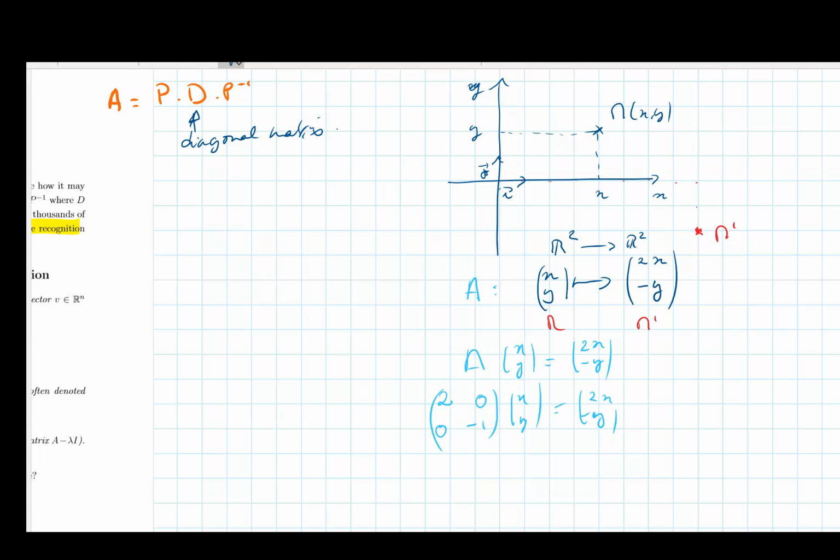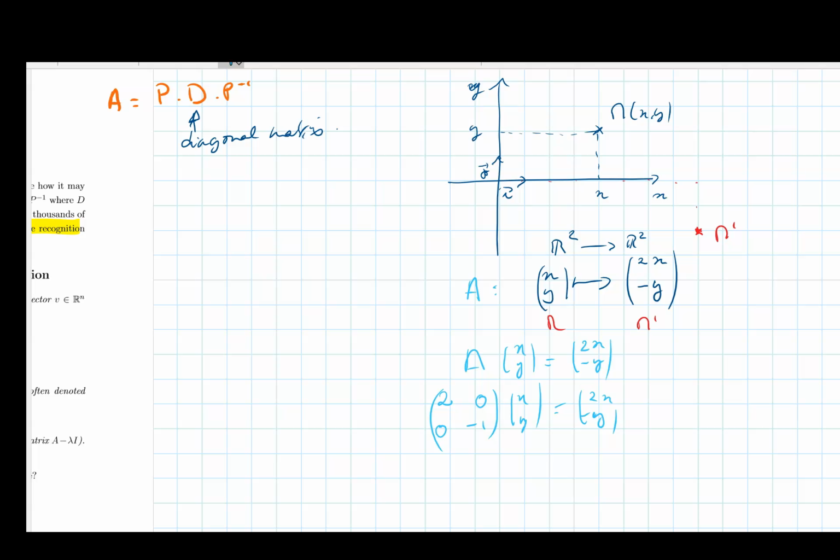What's nice about this is that it's very easy to compute, even visually, the image of any point of the plane by this matrix. You just double the x coordinate and take the opposite of the y coordinate.